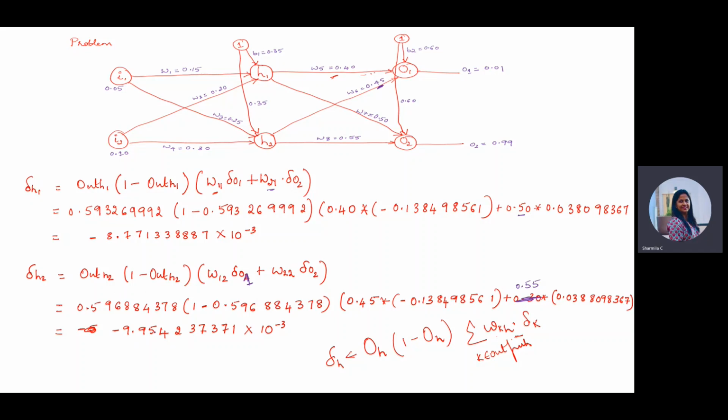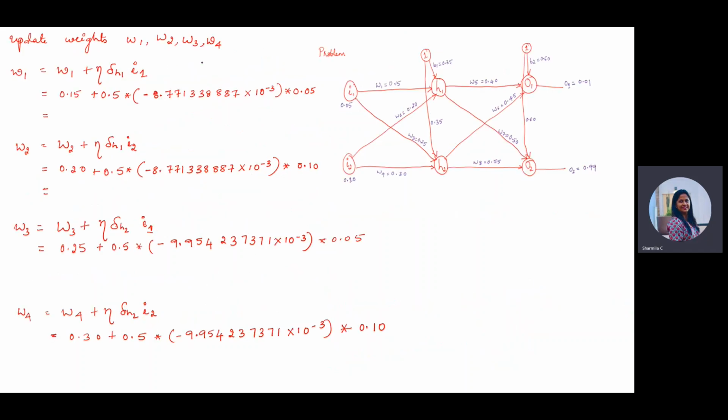Now, keeping these two values, we need to update the weights W1, W2, W3 and W4 using the same formula, with the help of the error terms calculated at nodes H1 and H2.